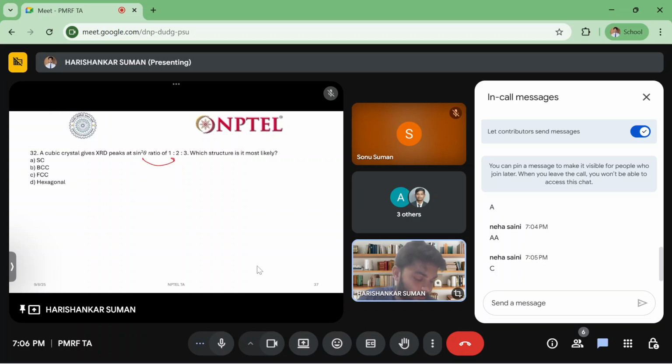You know, first is 2d sin theta equal to n lambda, and d equal to a over square root of h square plus k square plus l square for the cubic systems.